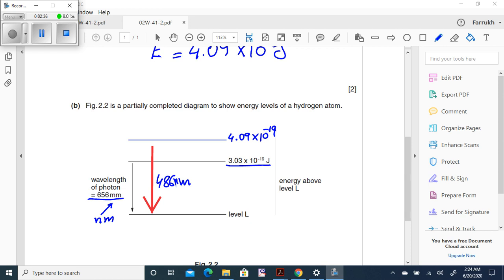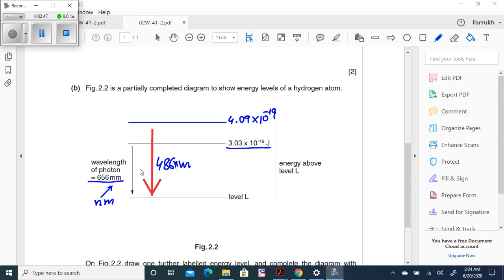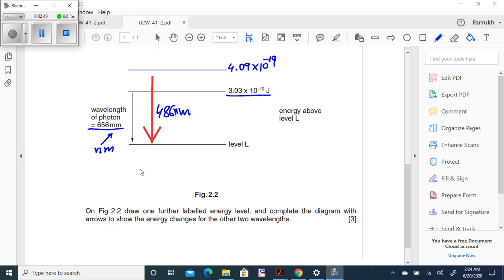Now the third photon is emitted with an energy of 1.06, but we cannot draw an energy level at 1.06. If we draw it, that violates the question, because it says only one further, so we would be drawing two, which is not right. So how can we get an energy of 1.06?